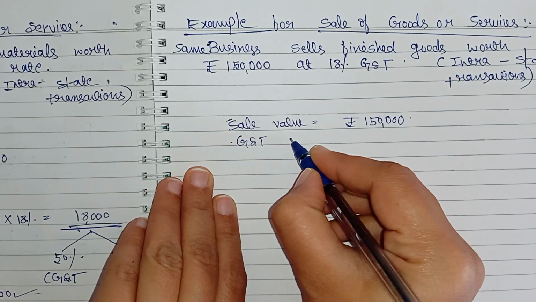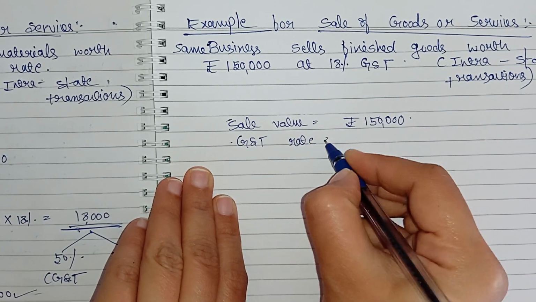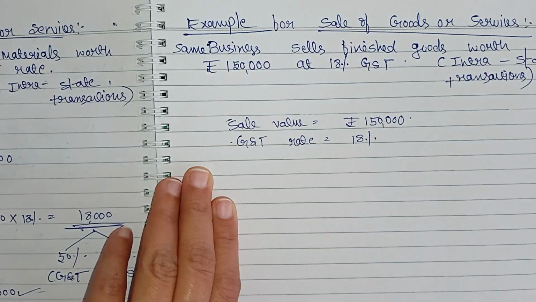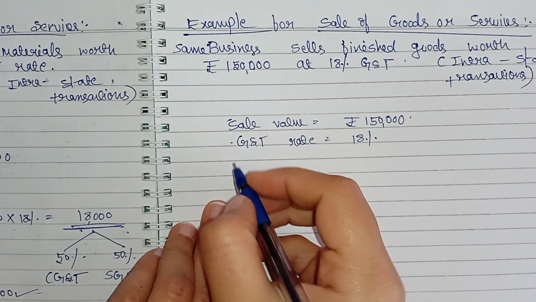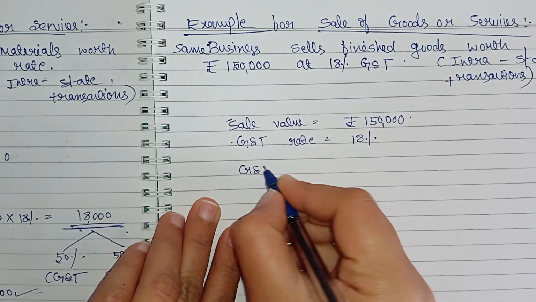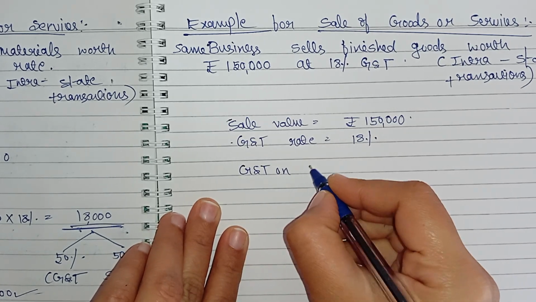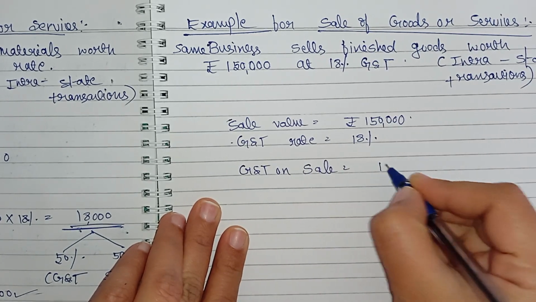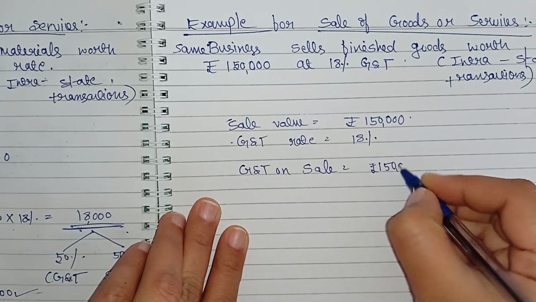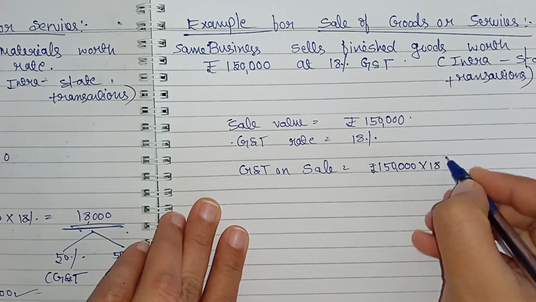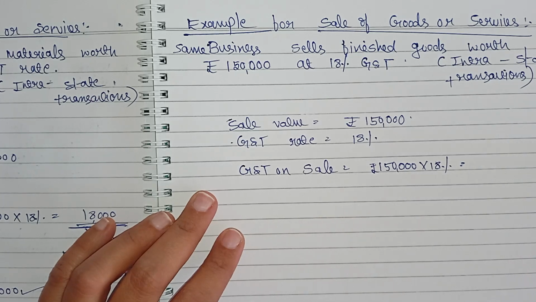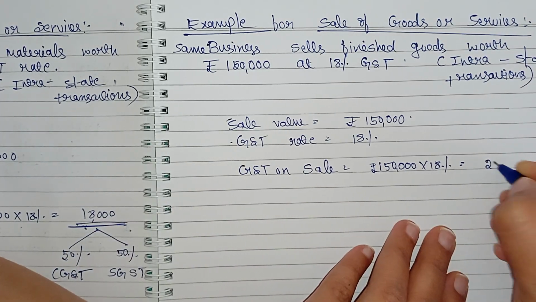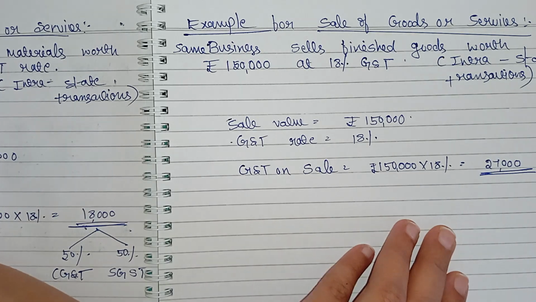GST rate is 18%. So first we have to calculate GST on sale. That is rupees 1,50,000 into 18%, which means 27,000 GST on sale.